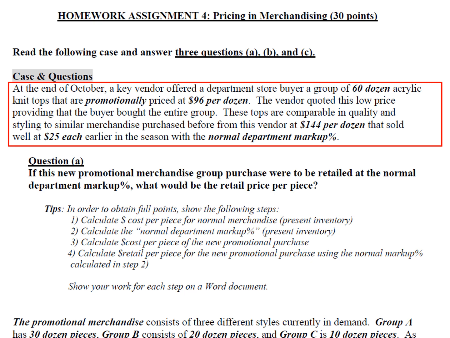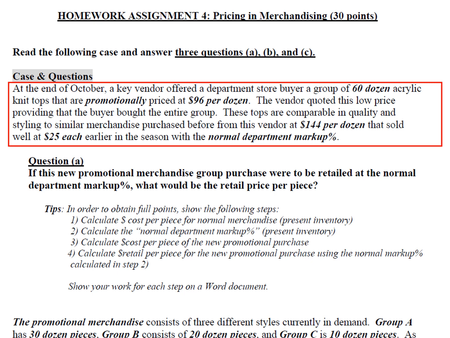Then it says that the merchandise the buyer had before, at the regular $144 per dozen cost, this buyer retailed or sold at $25 each. So that $25 would be the retail price of the items that the buyer bought at $144 per dozen. And that was when they applied the normal departmental markup.